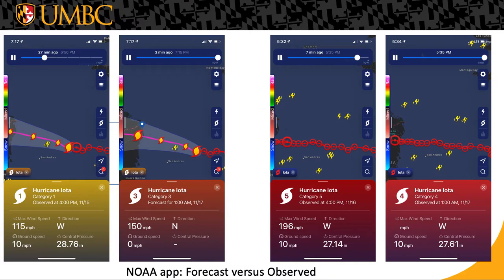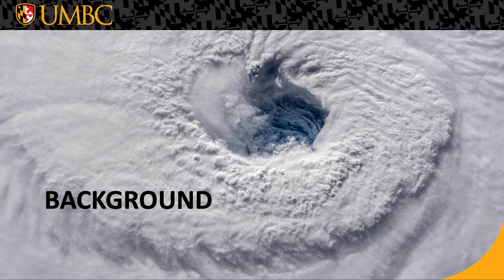They intensified from 1 to 4 and 5 in about 12 hours. So these examples further validate the idea that the accuracy of trajectory models has surpassed that of intensity models. On the left, you can see it was expected to be a 3 at landfall, but it actually was a 4 and earlier intensified to 5 by landfall. So some improvements can be made there in the intensity models.